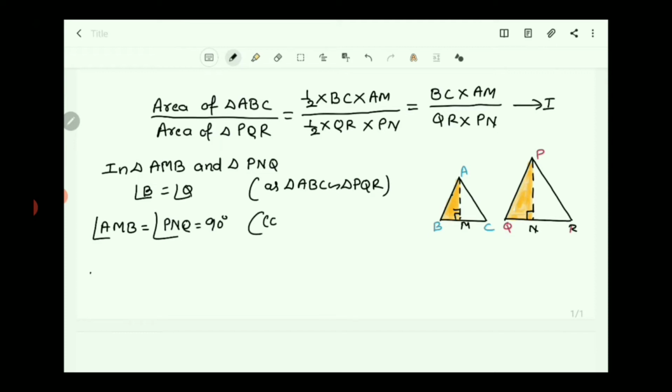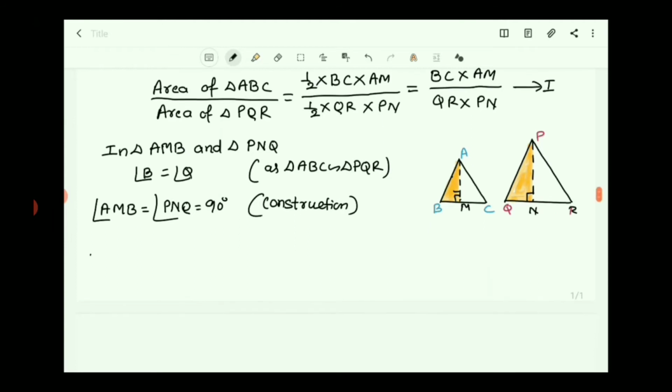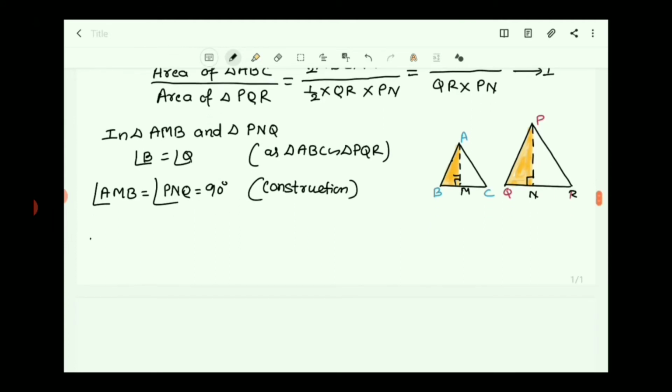That is by construction, as AM is perpendicular to BC and PN is perpendicular to QR. Therefore, triangle AMB is similar to triangle PNQ. Which similarity criterion did you get here? AA similarity criterion.